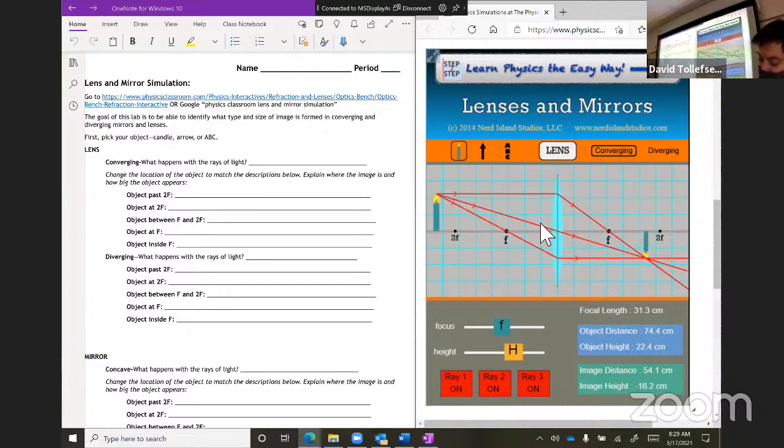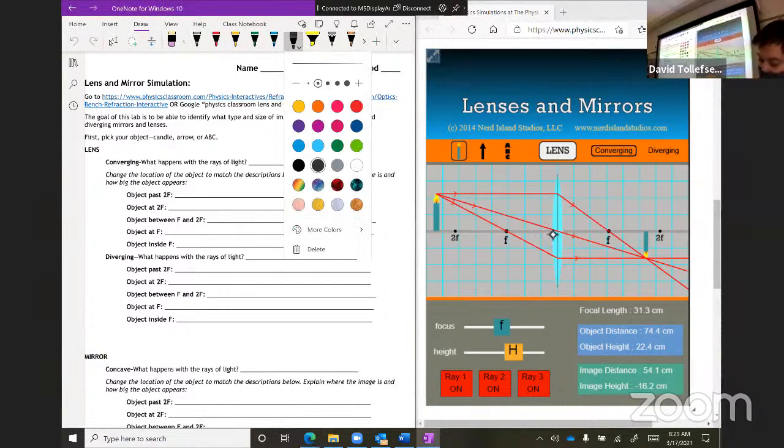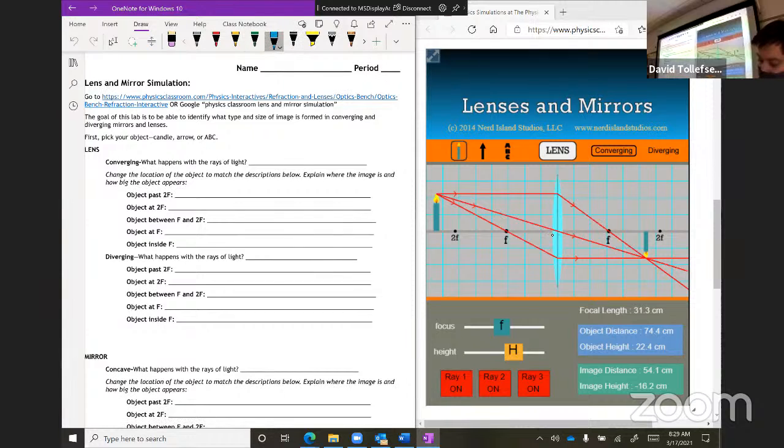They meet at one point. So they meet at one point, or they converge.